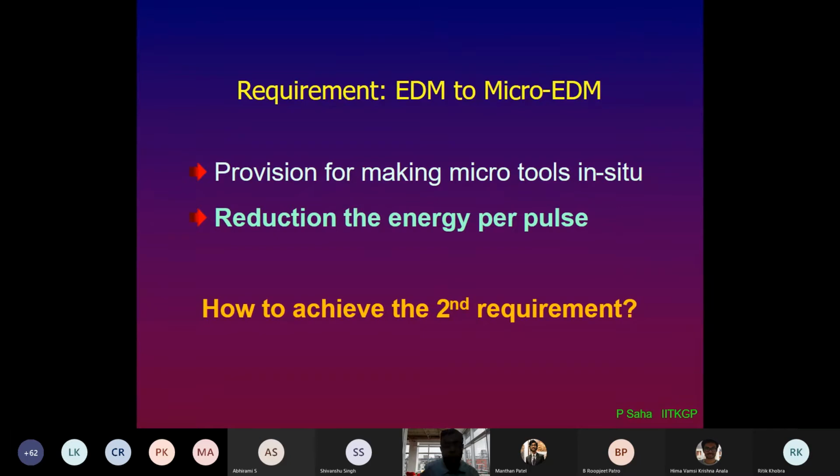So this is how you make the micro tool, because making the micro tool in the setup itself is very important.